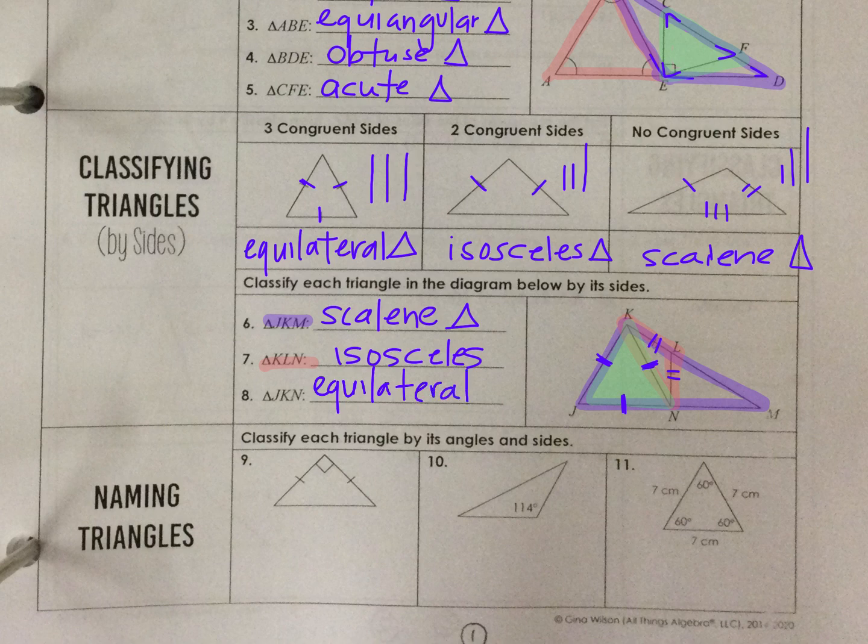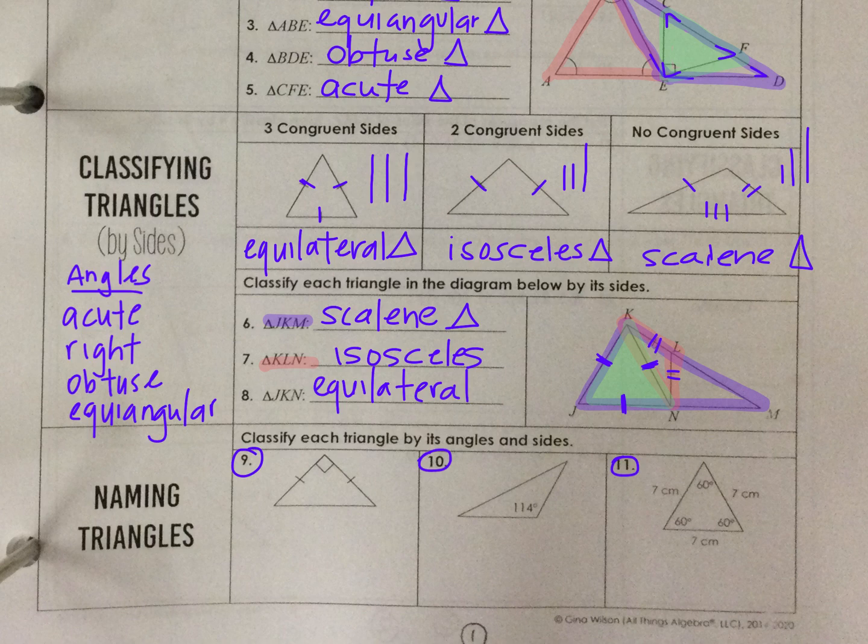So what I want you to do is number 9, number 10, and number 11. You will have 2 answers for each of these. One, you'll pick one of these red answers. You'll either be acute, right, obtuse, or equiangular. And then you'll also pick one from the sides: equilateral, isosceles, and scalene.